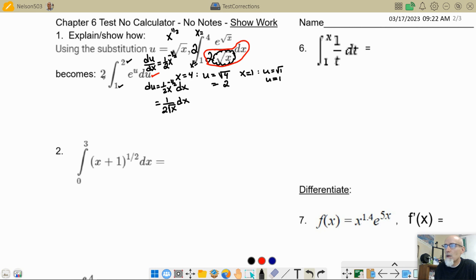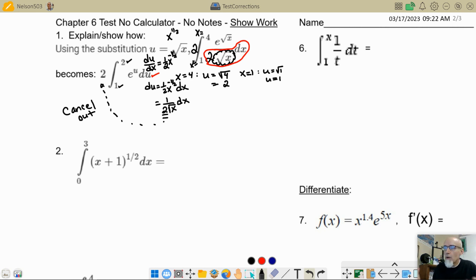So that's where that 2 comes from. The 2 comes from the fact that we're introducing a 2 in the denominator. So the 2 out front is going to cancel out the 2 that we're introducing in the denominator.